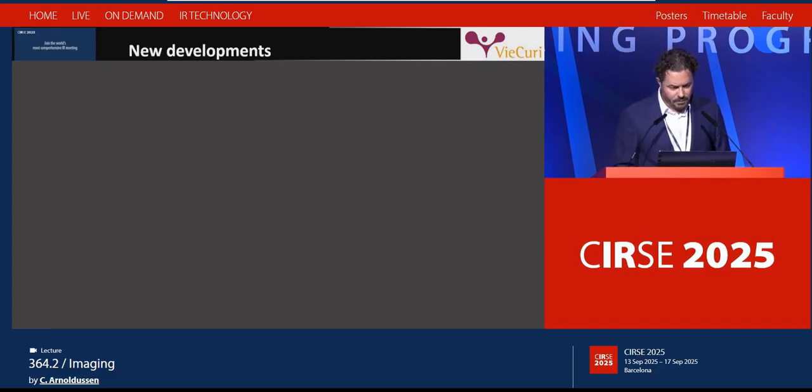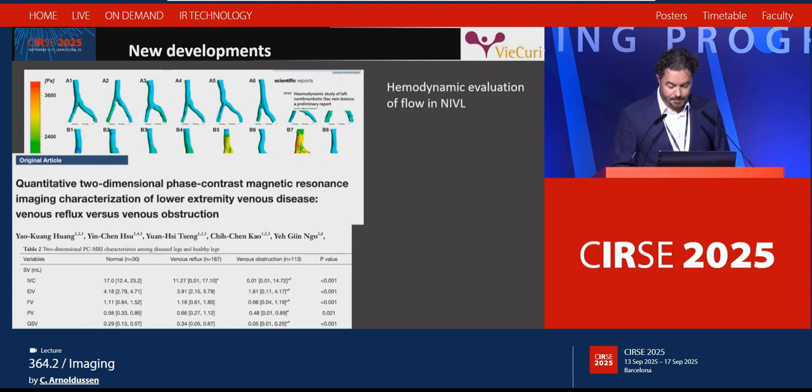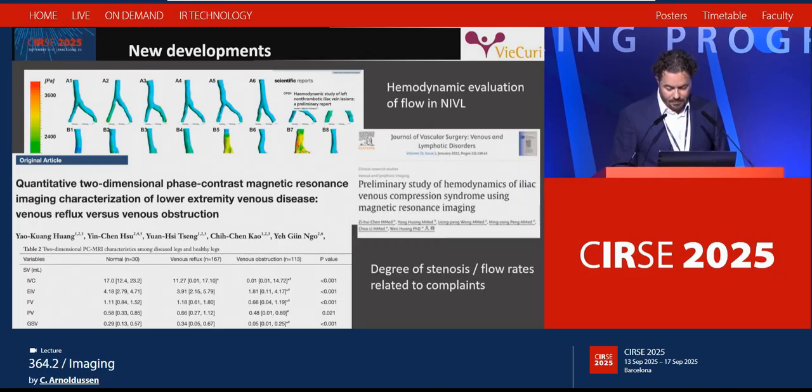There are some new developments which are interesting because we're always looking for ways to quantify the image findings with the disease that we see clinically. This is a study that looked at the 3D image of the iliac veins, looked for the degree of stenosis based on these images, and then performed a flow rate assessment to see if there was a decrease in flow rate.